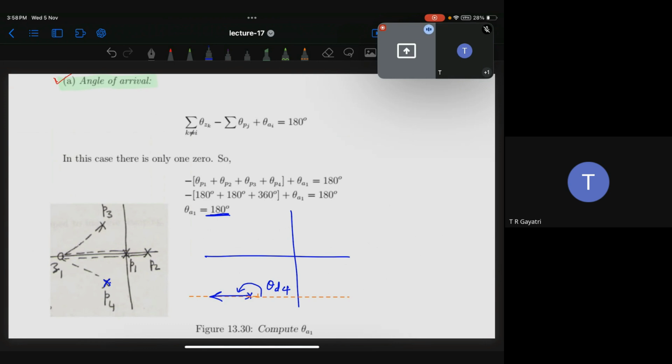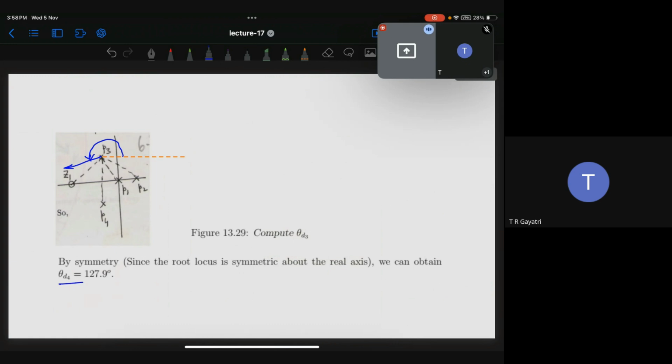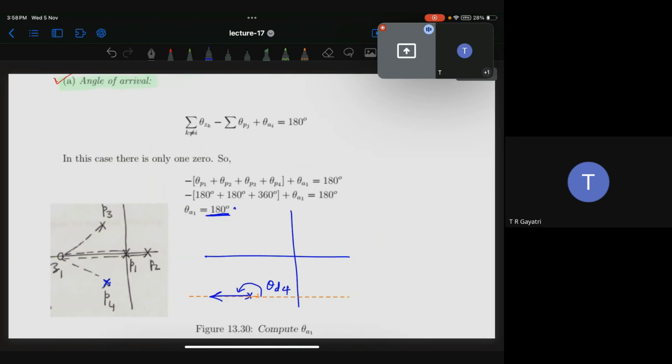Oh, sorry, this is theta arrival. Theta 4 is 127, I'm sorry. That will be 127, which means this is 90. Theta d4. Okay, so this is the arrival angle.